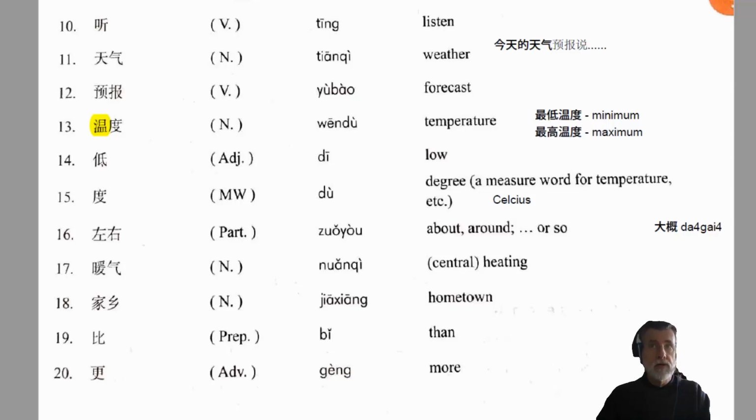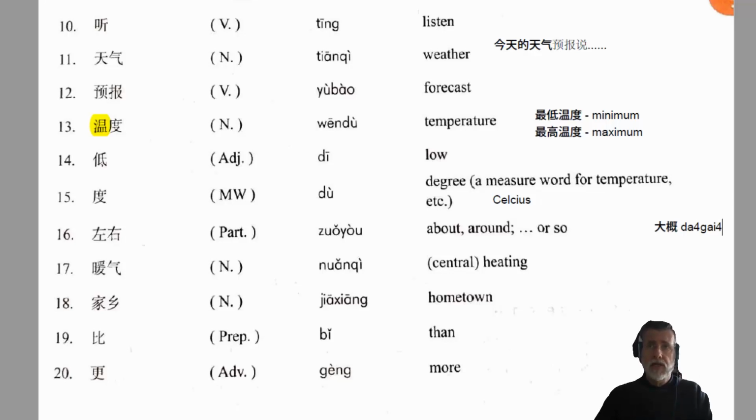Now, if you recall, 大概 is put before the word that it's modifying. I think we had a dialogue back in Chinese 1 where they were talking about the number of students, approximately 30,000. 大概3万学生. Or you could say 3万个学生.